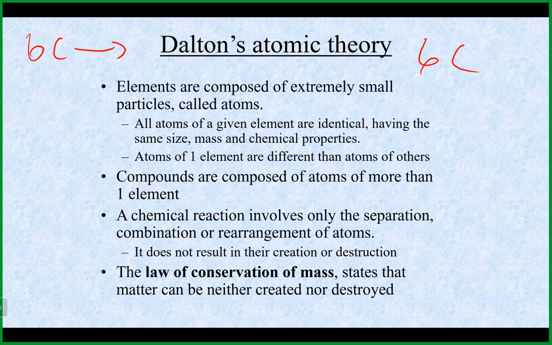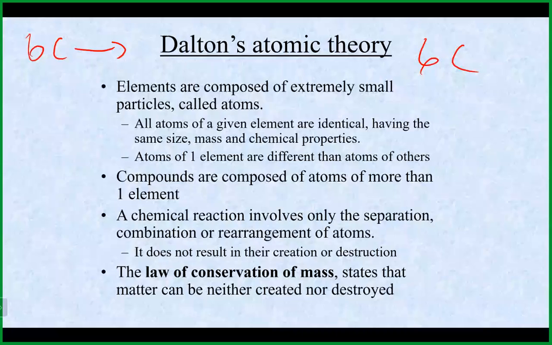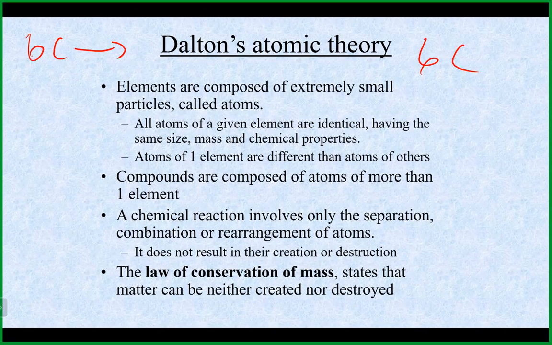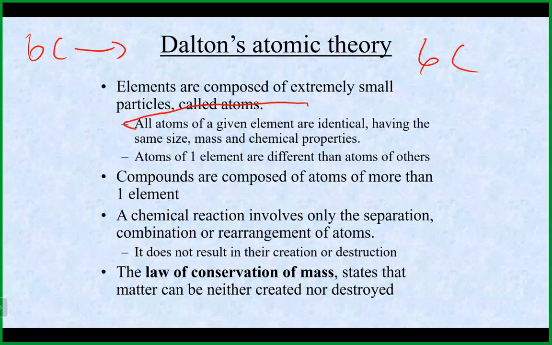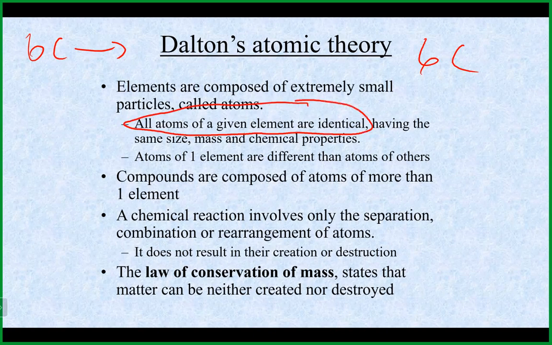So a couple of things about Dalton's atomic theory, which you should know these main points of it, were found later on not to be true, whereas the idea of all atoms of a given element are identical.